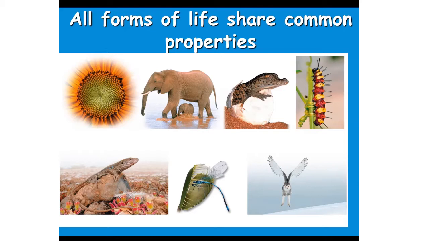So now let's start and talk about what are these living organisms? What do they have in common? And what are some main themes that we're going to be seeing? So, all living organisms seem to have some sort of order to them, some sort of ordered structure. So, for example, this is the center of a sunflower, and you can see that that's orderly. But then you get into the cells, and you notice that there's an order within the cells.